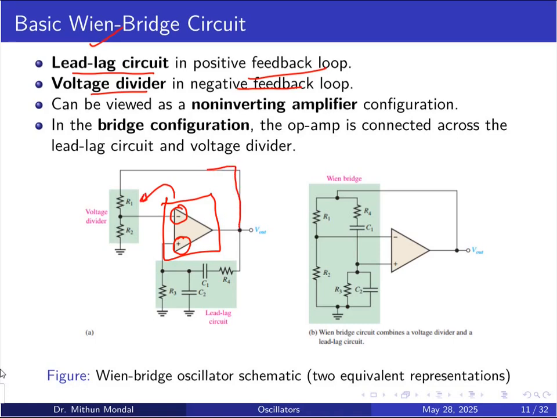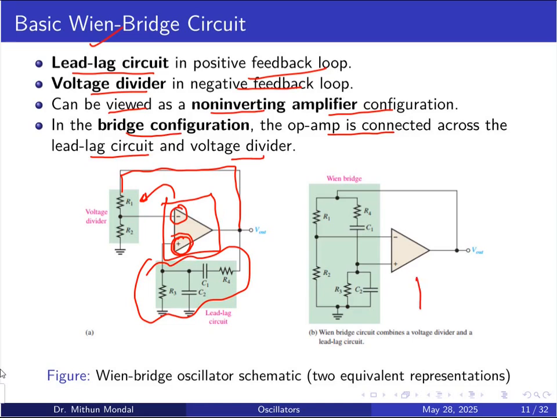At the non-inverting terminal, we basically have the lead lag circuit. This can be viewed as a non-inverting amplifier configuration. In the bridge configuration, the op-amp is connected across the lead lag circuit and the voltage divider.